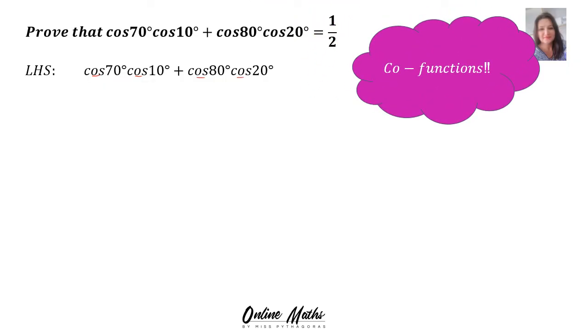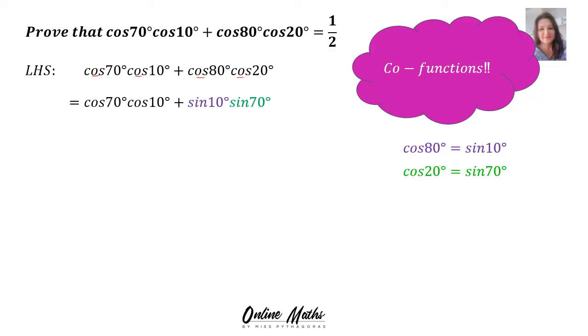But we've got something we call cofunctions. And then cos 80's cofunction is sin 10. And cos 20's cofunction is sin 70. Therefore, in the place of cos 80, we can write sin 10, and in the place of cos 20, we can write sin 70. And can you see the compound angle now?